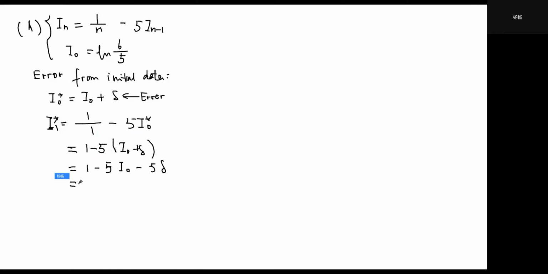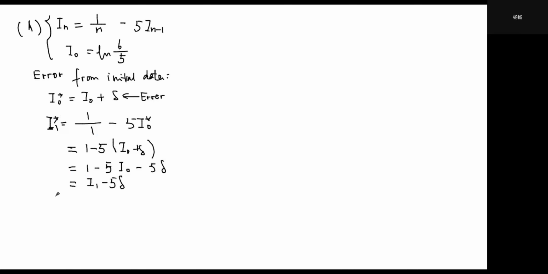Okay, you get this, and you will find 1 minus 5 times I_0 is nothing but the exact I_1, minus 5 times delta. So from this one, you find that I_1 star, the approximation of I_1, is equal to I_1, the exact value, minus some error, that is minus 5 times delta.